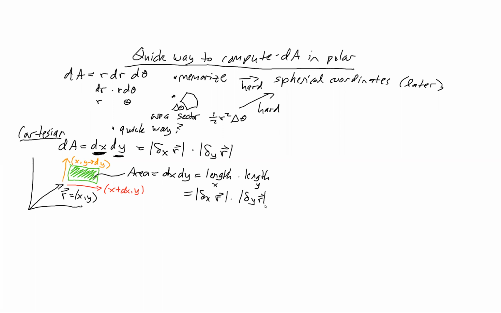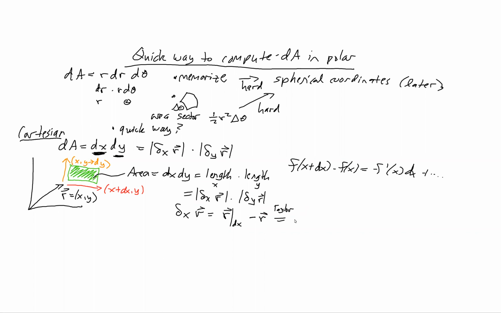And of course, these are sides, right? So really what I'm saying is that delta x r is r when you increment by dx, minus r. And really this is just to illustrate what's going on. The Taylor expansion of f of x plus dx minus f of x is, of course, f prime times dx plus small terms.